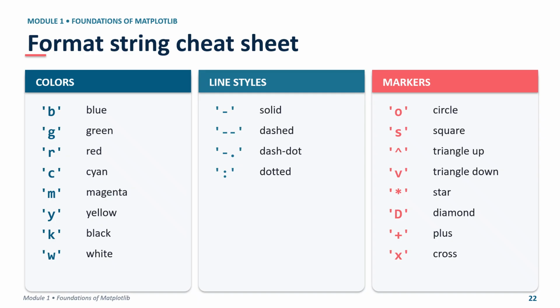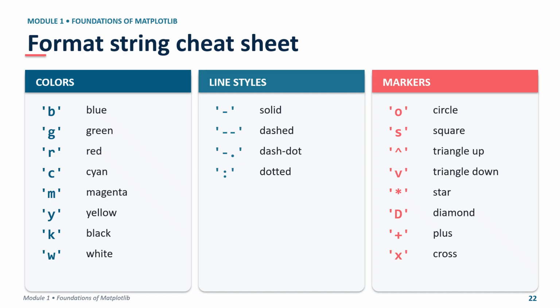And these are some format string cheat sheets which you can refer to. If it is b, it's going to be blue, g for green, and c for cyan. You can refer to the different line styles and the different markers here. Mainly o for circle, s for square, and the triangle markers are useful for comparison, triangle up and triangle down, which is paired with triangle up.